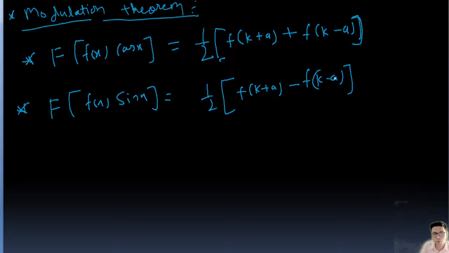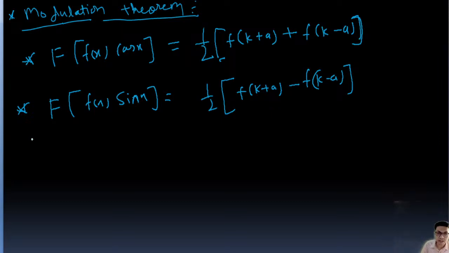Then you will be able to memorize them, and these properties are very important for examination purposes. So the Fourier transform of f(x) sin ax is 1 upon 2 of F(k plus a) minus F(k minus a).